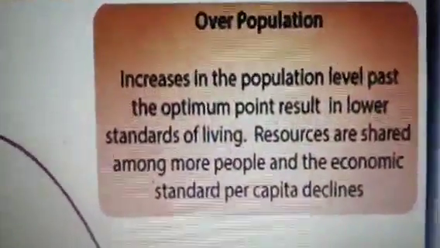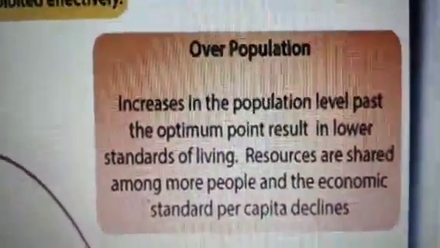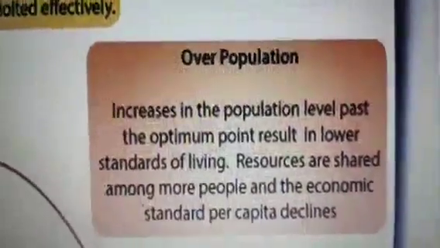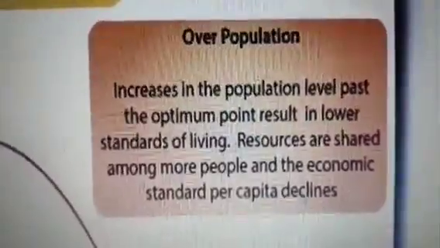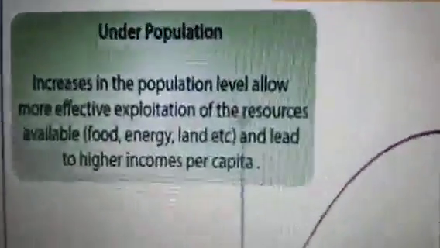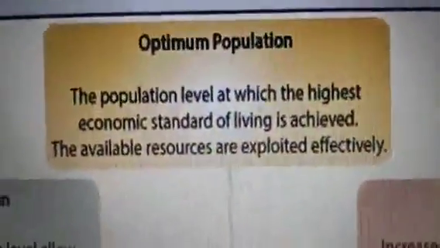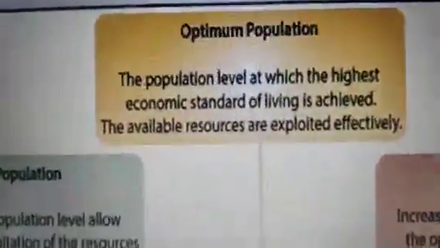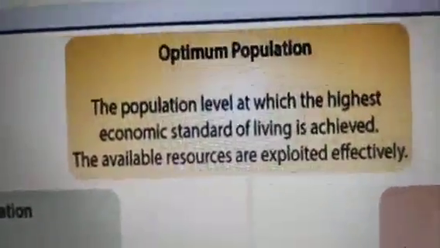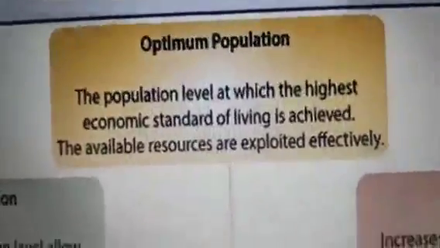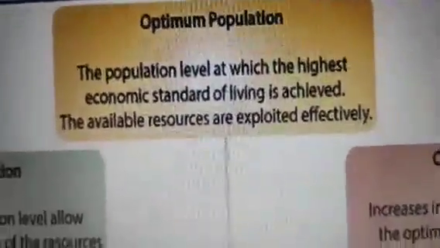Increases in the population level past the optimum point result in a lower standard of living, resources are shared among more people, and the economic standard per capita declines. So you have to choose between underpopulation and overpopulation, and that is called optimum population, which is the highest point of this graph. This means the population level at which the highest economic standard of living is achieved and the available resources are exploited effectively.